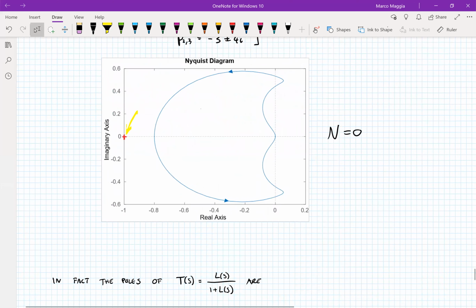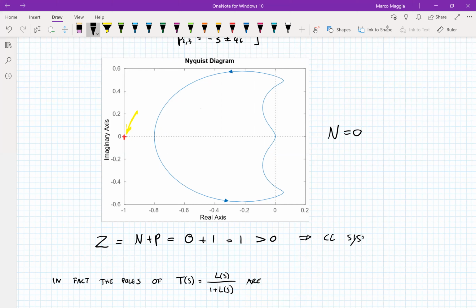The Nyquist criterion says that Z is equal to N plus P, which is equal to 0 plus 1 equals 1, which is greater than 0. It means that we have a zero of L(s) plus 1, or a pole of T(s), in the right-hand side of the s-plane, which means that the closed loop system is unstable.